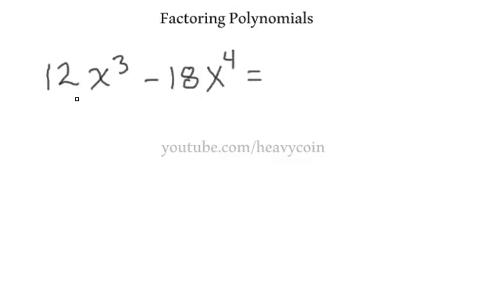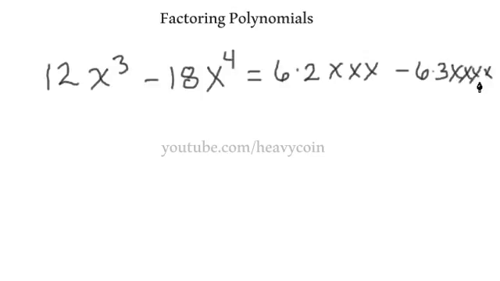Okay, so we can break this 12 up into, for example, 6 times 2, and that's 3 x's there. Minus, and then I'm going to go ahead and break that 18 up into 6 times 3. And of course we have 4 x's here.